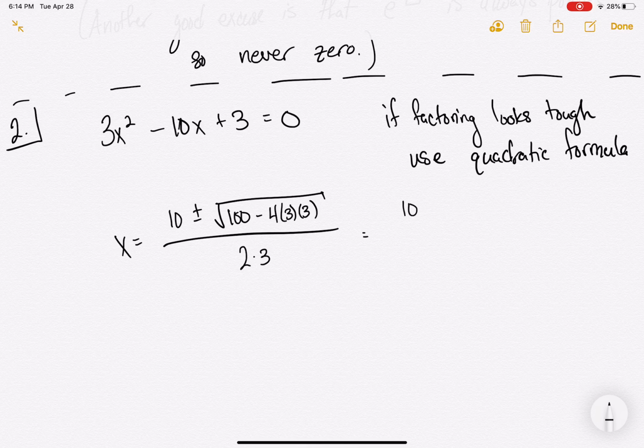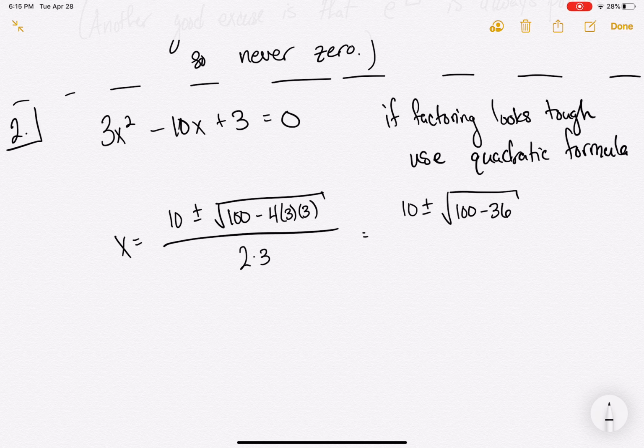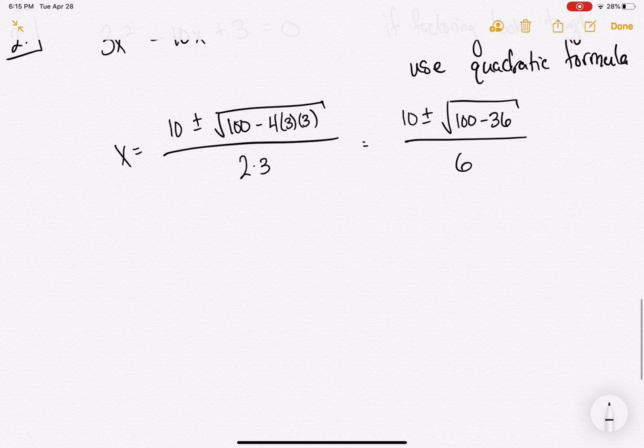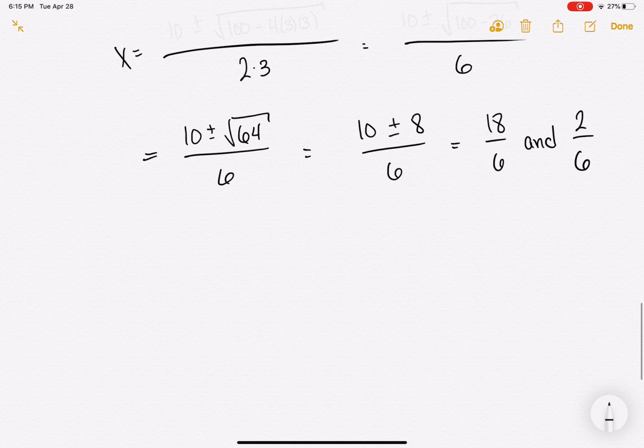So this is 10 plus or minus the square root of 100 minus 36, sorry. I do make sure that the numbers always work out, over 6. 10 plus or minus the square root of 64, all over 6. This is 10 plus or minus 8 divided by 6, and so we end up with 18 over 6, and I guess minus would be 2 over 6, which is exactly what the problem gives us, x equals 3, and x equals 1/3.